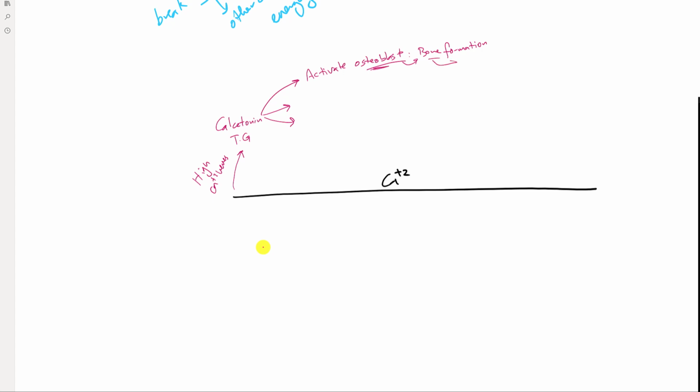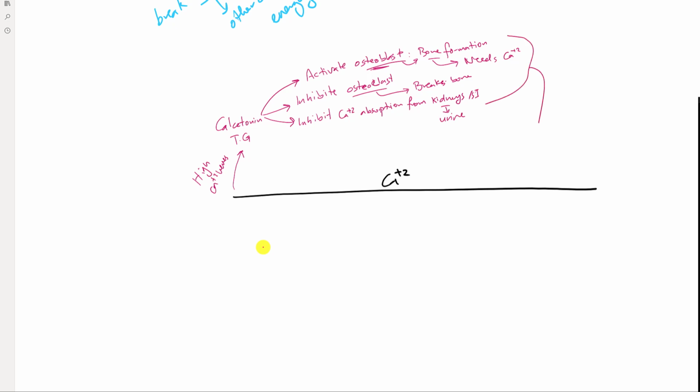And if you remember, bone needs calcium. Calcitonin also will inhibit osteoclast cells. Those cells are responsible usually for breaking down bone. Calcitonin inhibits calcium absorption from kidneys and also from small intestine. So here kidneys let it go to urine. Collectively, all of this would reduce calcium levels.